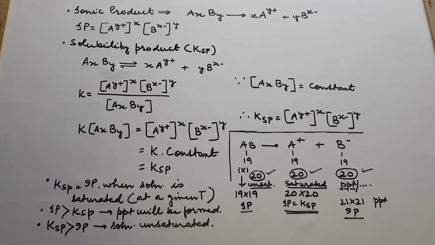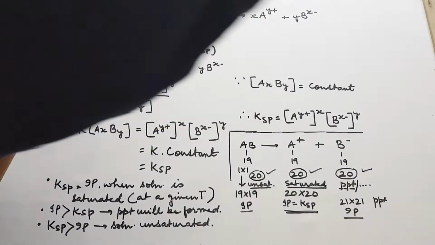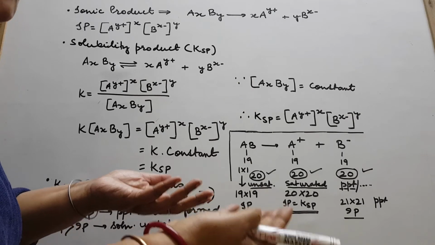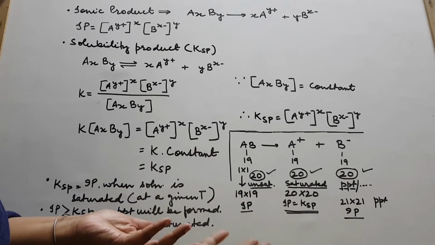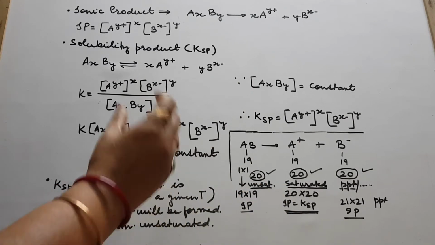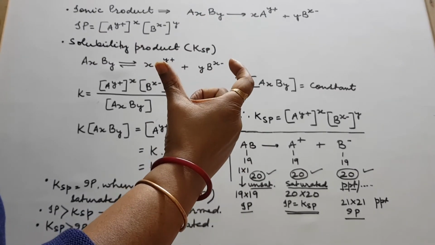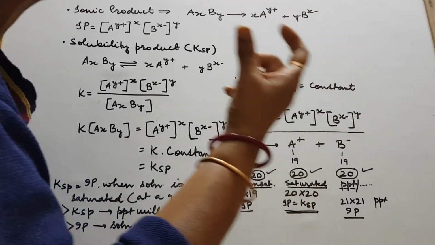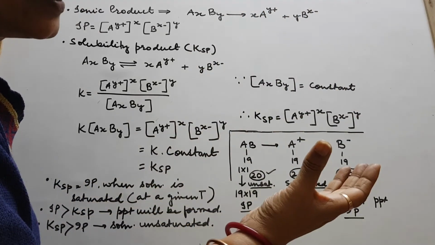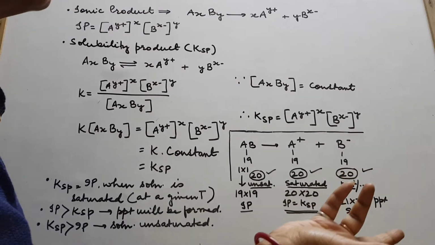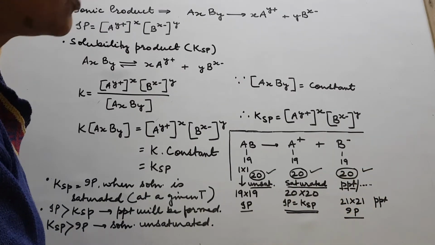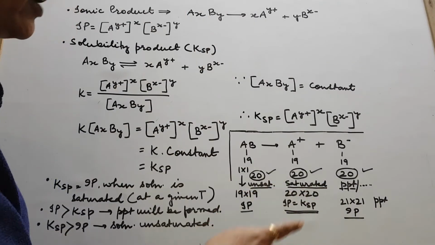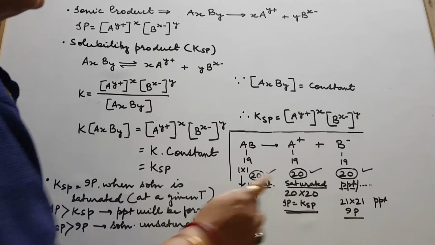It is simply the ionic product at the maximum, when the solution is saturated, that reflects the solubility, and we call that solubility product instead of only calling it ionic product. Solubility product is the same ionic product measured when the solution is saturated, which we call by the other name, solubility product, shown by KSP. So when the solution is saturated, at that point IP will always be equal to KSP.